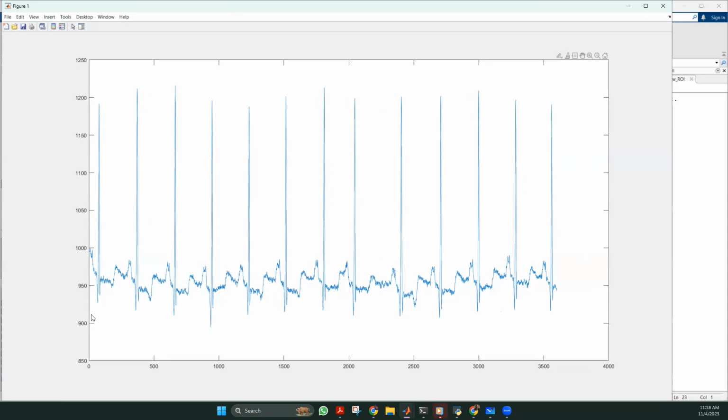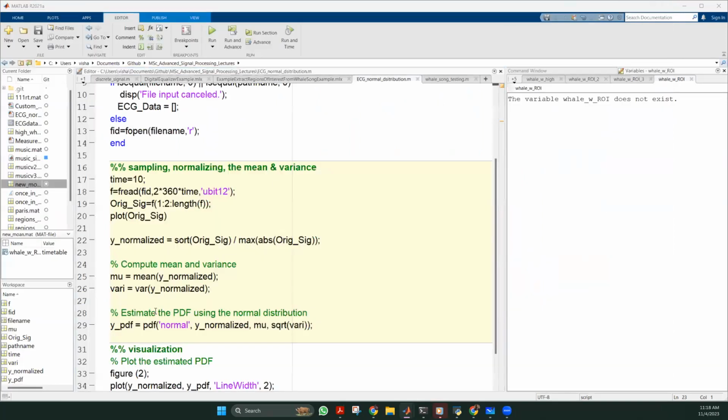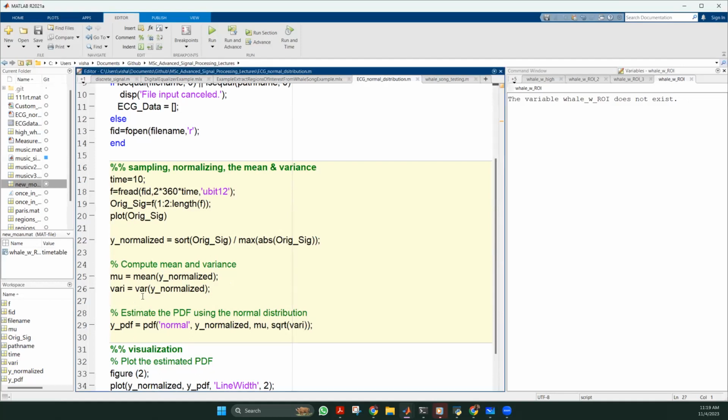So if I want to find the probability of some amplitude occurring in this ECG signal, I can take the amplitude values, the wave of the signal. I can find the mean value, the average value of these signals, using the mean function, and then I find the variance using the variance function.